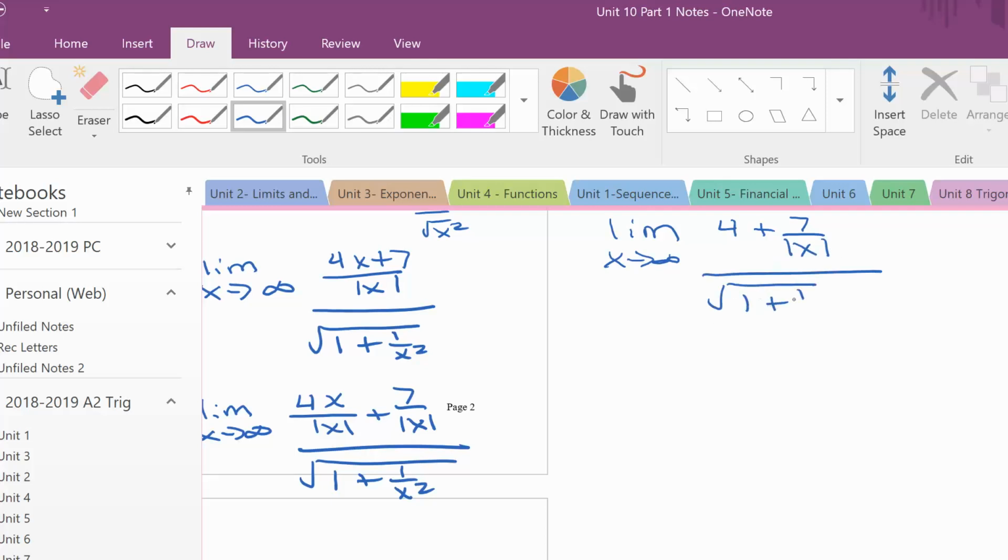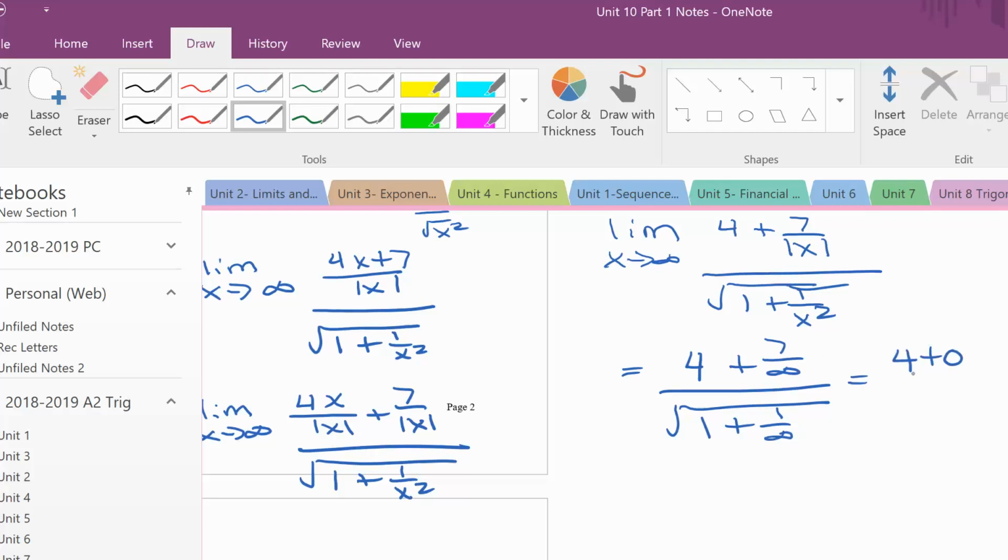And now, when we take the limit, well, we have 4 plus 7 over infinity, and then the square root of 1 plus 1 over infinity. So it's going to be 4 plus 0, and then it's the square root of 1 plus 0. So it's just going to equal 4.